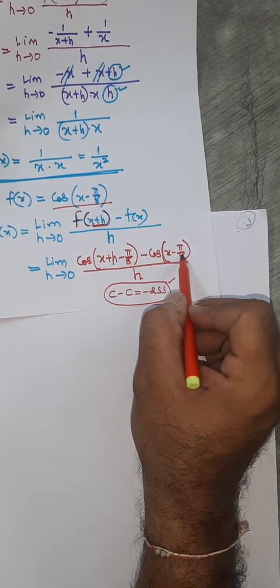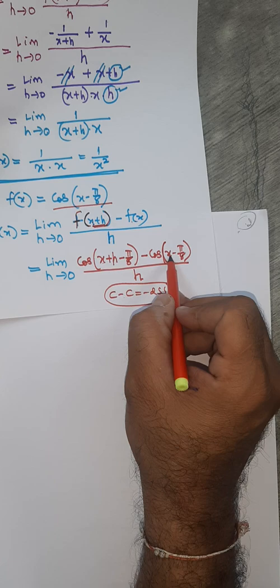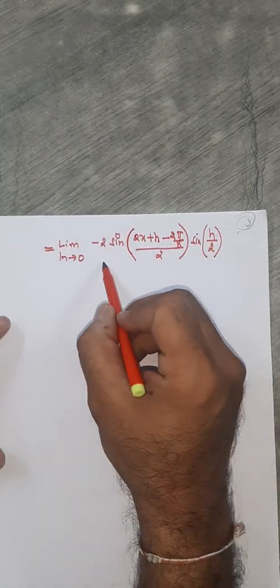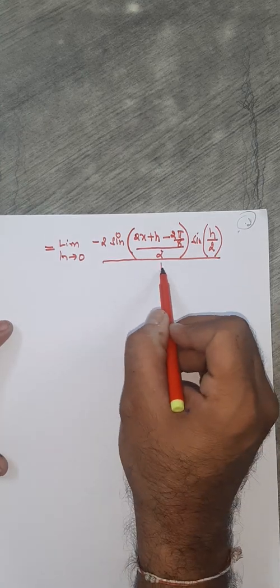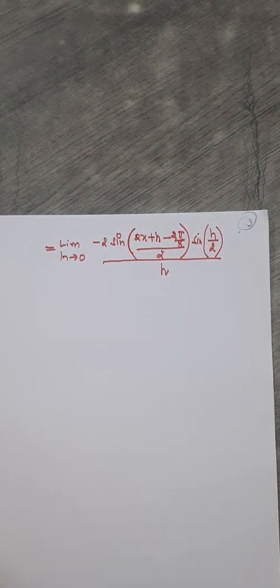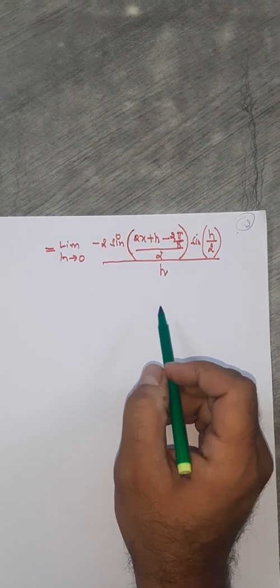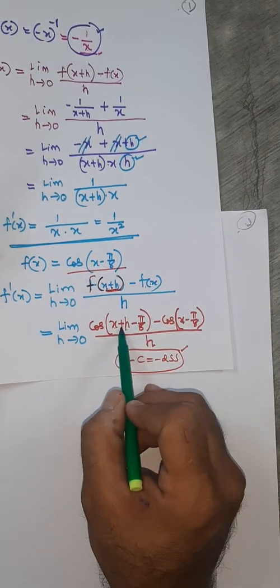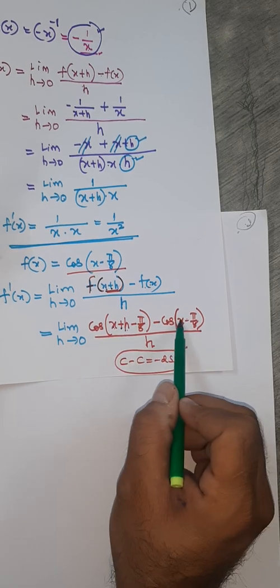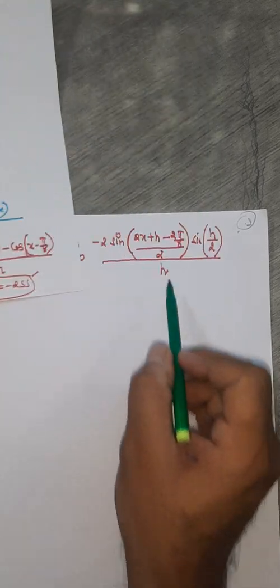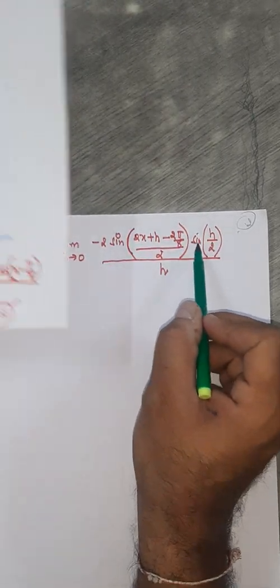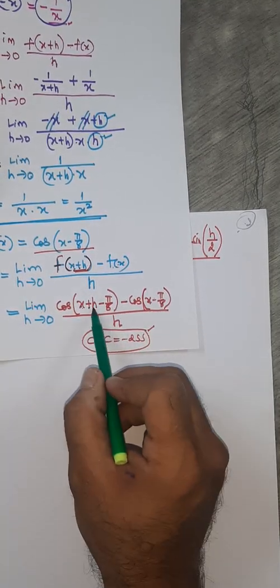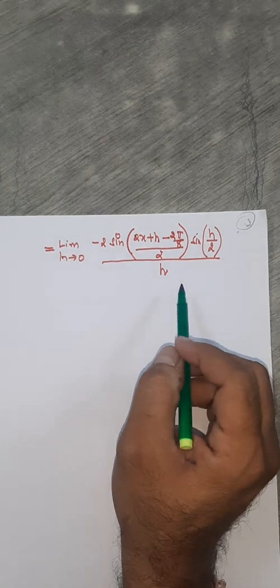So pi by 8 will get cancelled, x will get cancelled. You are just left with h by 2 upon h, which is already there. What we did? This plus this by 2. So 2x plus h, double of this, minus 2 pi by 8. This minus this, x will get cancelled, pi by 8 will get cancelled, and h by 2.